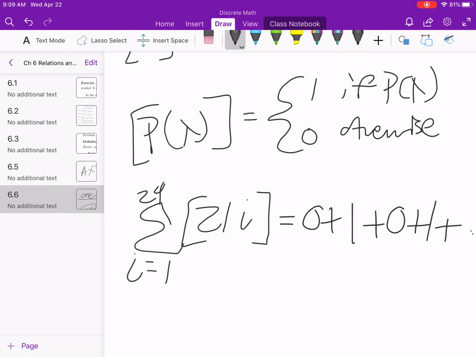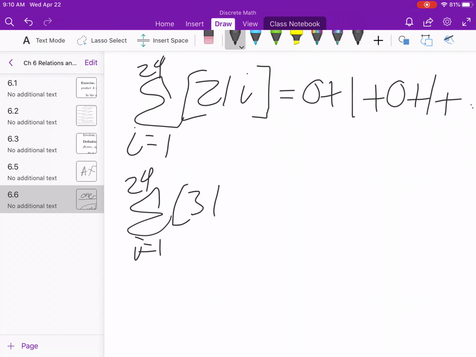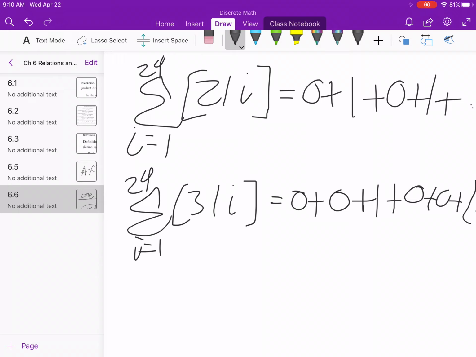And they also have another one, I equal 1 to 24, and this is 3, so it's counting the multiples of 3. Here we're going to get 0, because 3 doesn't divide 1, 3 doesn't divide 2, it certainly divides itself, doesn't divide 4, doesn't divide 5, does divide 6, and so on.